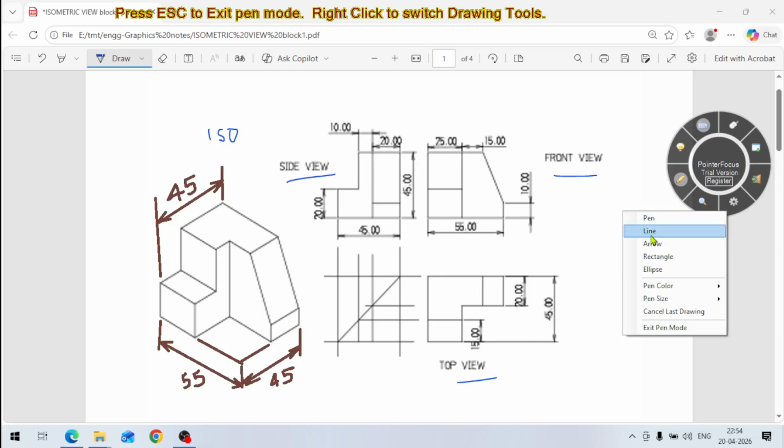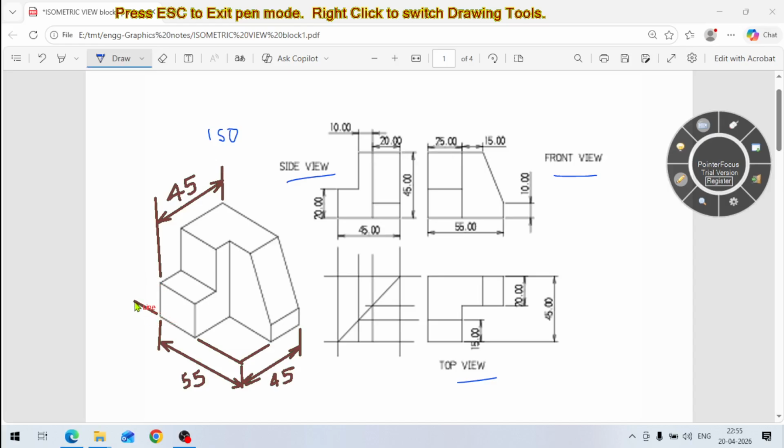So go for line, and if I draw here a line parallel to this like this, and parallel to this, these are the extension lines, and one vertical line like this, this line here.